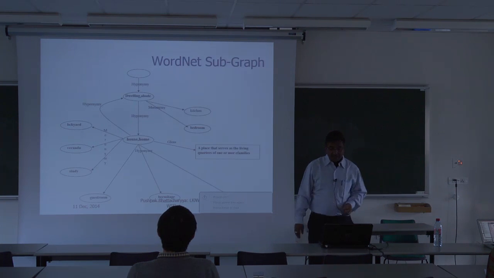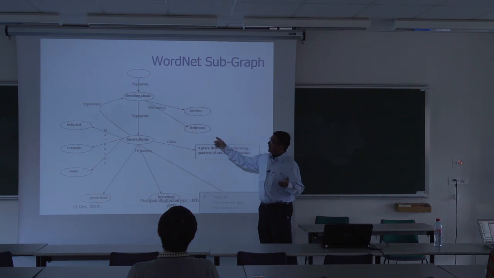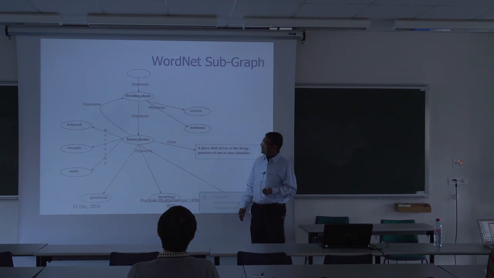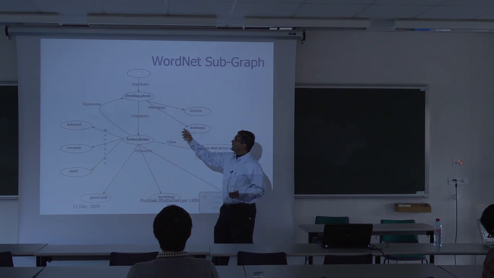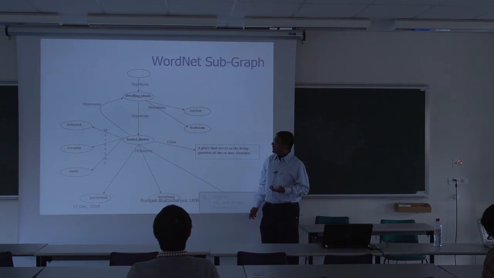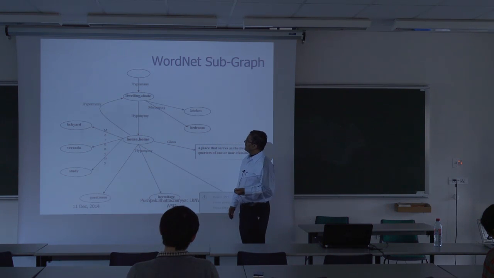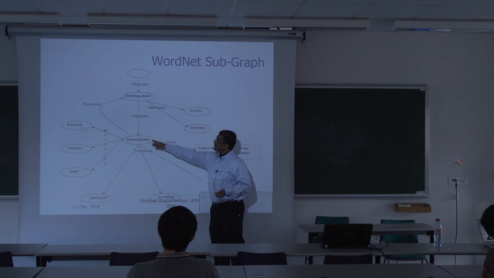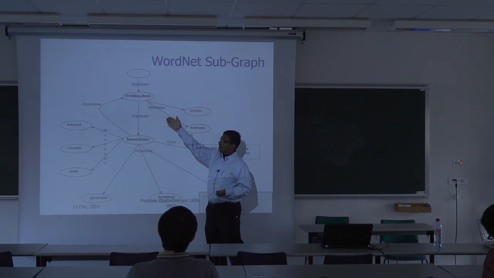So when we apply these relationships, we really get a graph structure, which is the Wordnet. In the graph, the nodes are synsets, the set of synonymous words. For example, house and home is a synset, and it is a special kind of dwelling or abode.